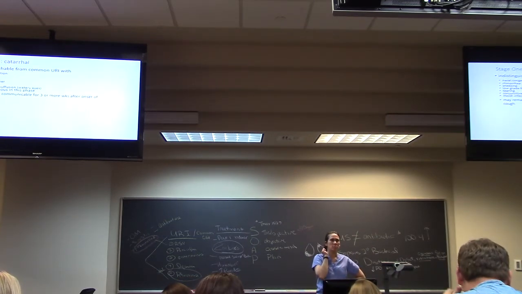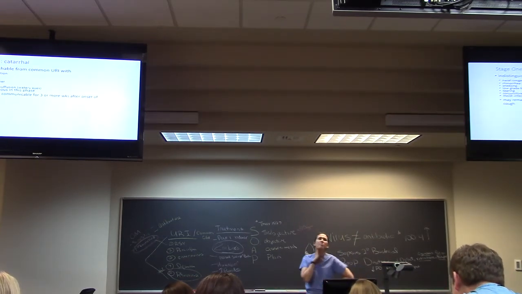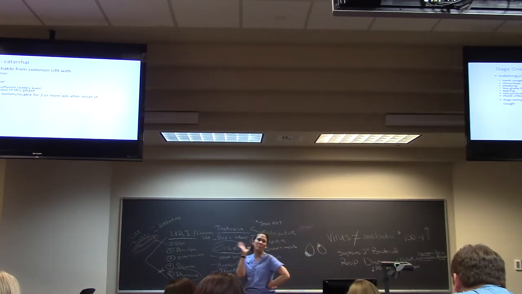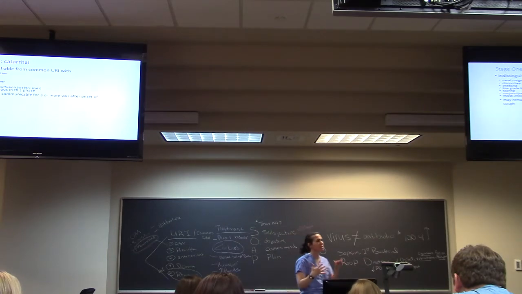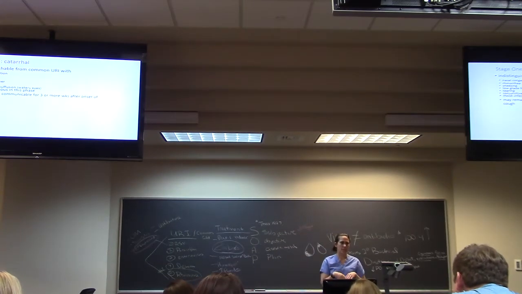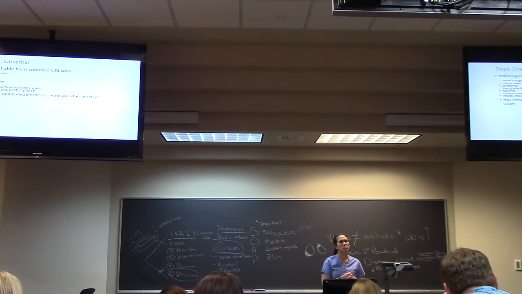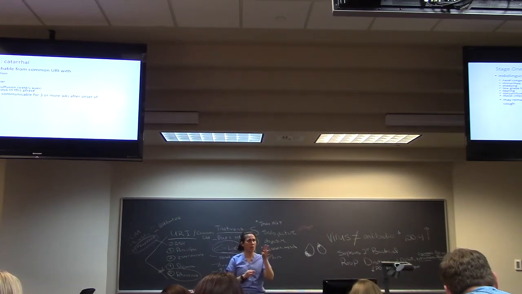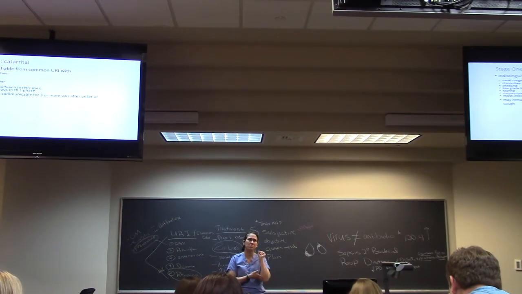So catarrhal. You can't really tell much about it from the URI. You're going to start out with just congestion, runny nose, cough, wheezing, low-grade fever, the same old stuff that you see in anybody that has a common cold. They are most infectious at this phase, so they're doing a lot of viral shedding at this time period.